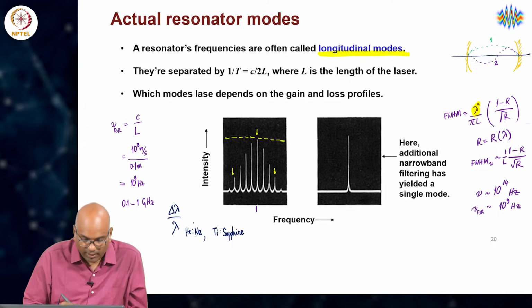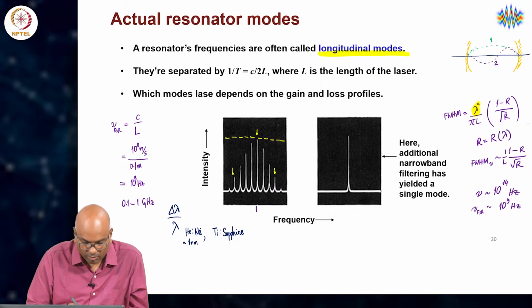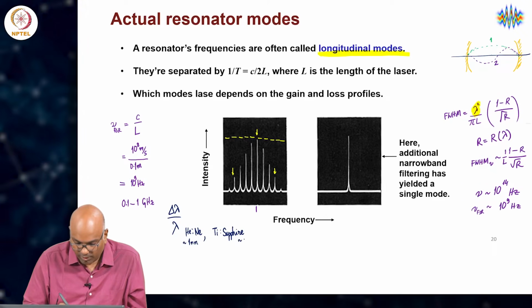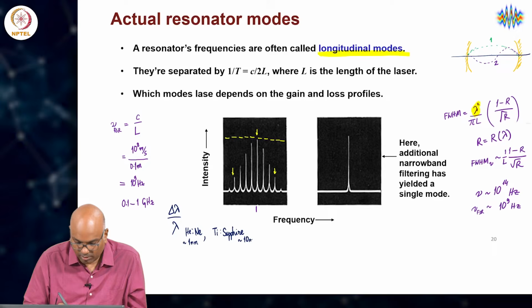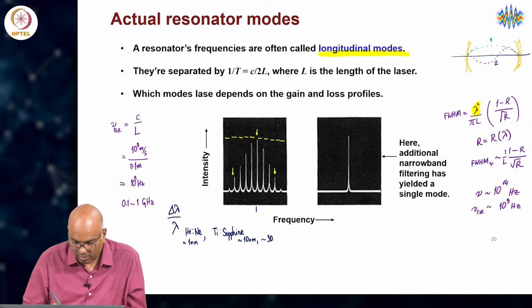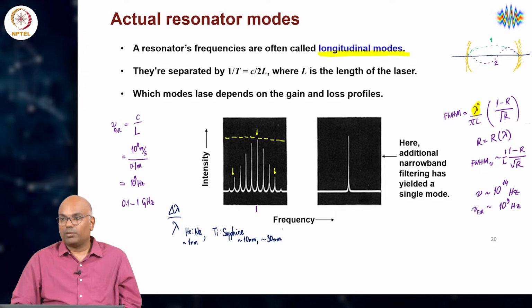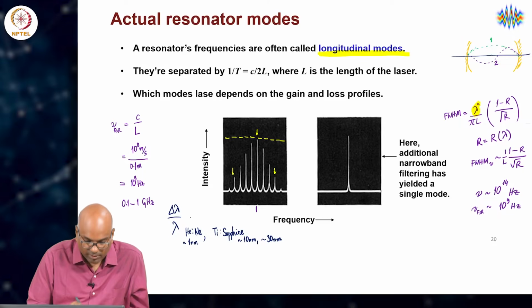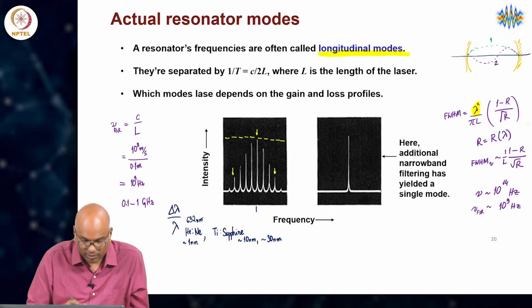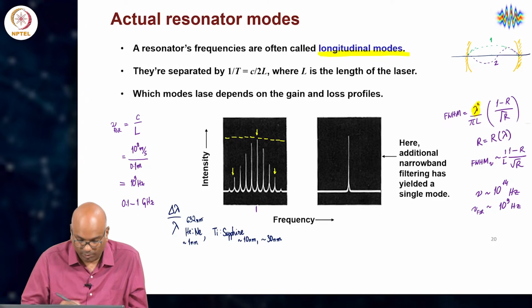So, the delta lambda for a helium neon laser is of the order of a few nanometers. In the other case, it is a few 10 nanometers, say it could be as large as 30 nanometers, whereas the central wavelength of the helium neon laser is close to 632.8 nanometers.